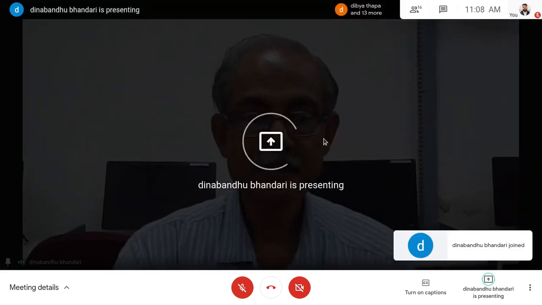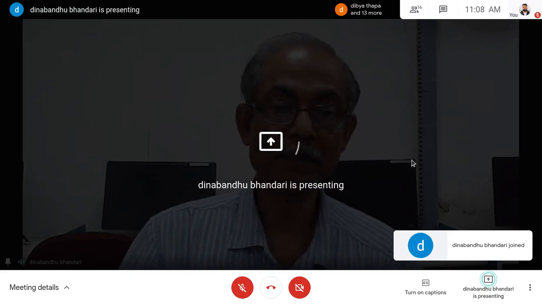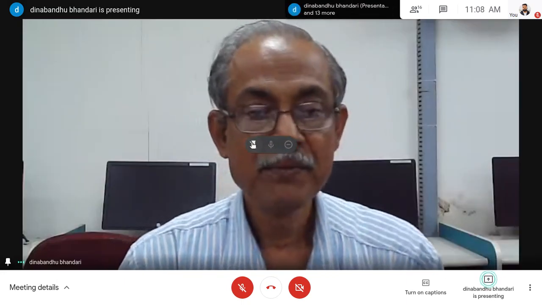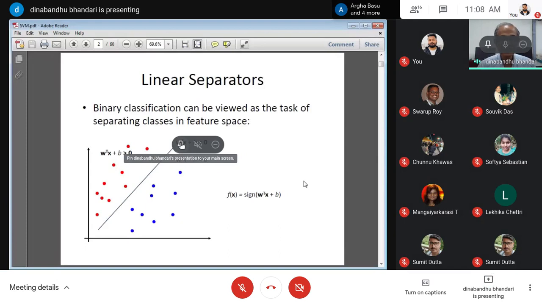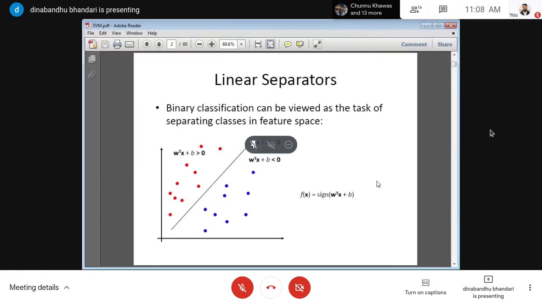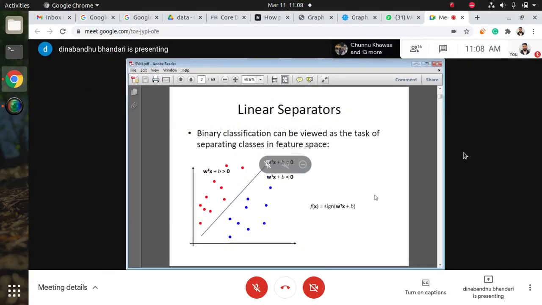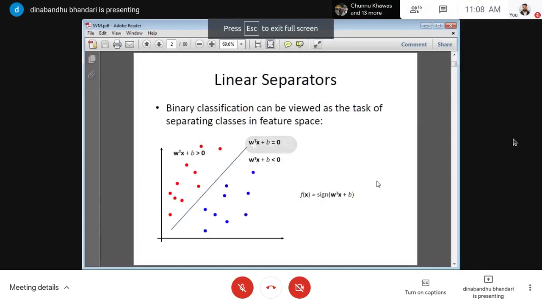Let me explain the problem. As with the earlier classifiers we discussed, we will start with the simple linearly separable two-class problem. Suppose we have two sets of data, one red and another blue, and it is a binary classification problem.